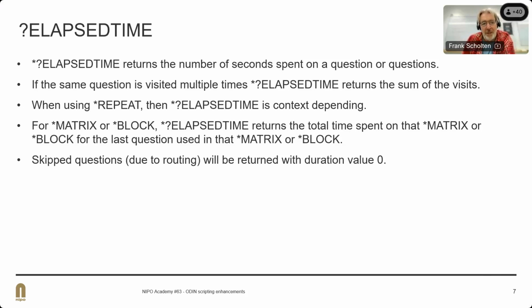For matrix block or block, the elapsed time returns the total time spent on that matrix or block. So if you have multiple questions in that matrix or block, it will only return the total time spent on that one matrix or block, and it will return that as the value of the last question in that matrix or block. And finally, skipped questions due to routing will be returned with duration 0.